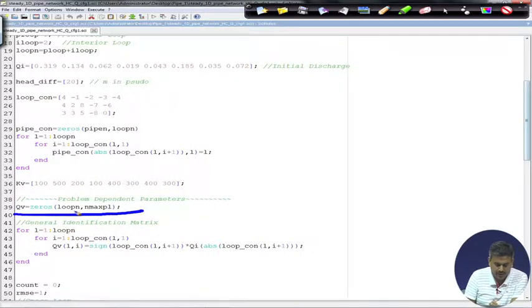Zeros loop number, the Lth loop and up to the maximum number of pipes connected in a particular loop. We need to create this QV matrix, because this is the main matrix required for our calculation, as we need to preserve the sign convention in this matrix itself.